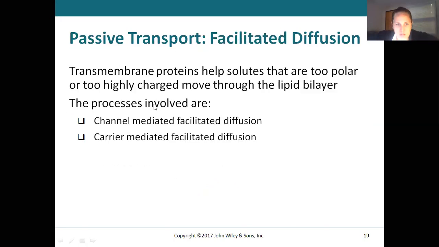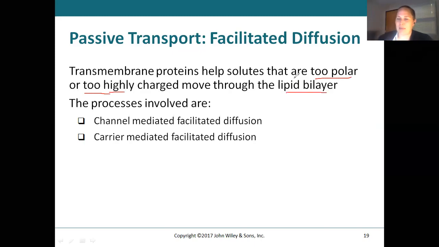So facilitated diffusion is slightly different because you have proteins that are going to assist in the movement of these molecules. They can help solutes that are too polar, which are water loving and going to have a hard time getting across that fatty layer of the cell, or too charged. Charge makes it hard to move through the lipid bilayer.